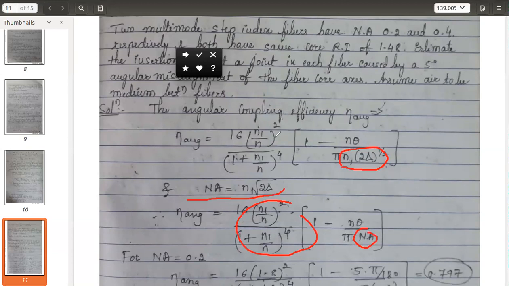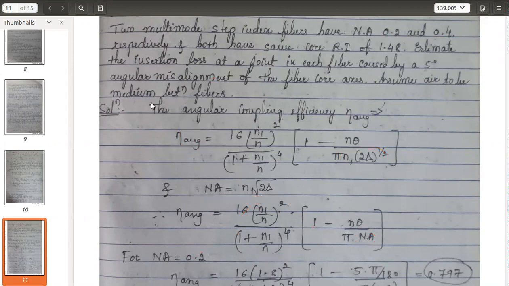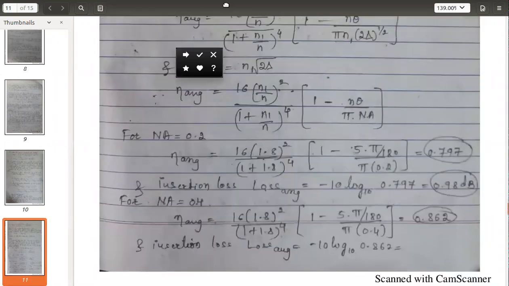And for each case, एक आपका numerical aperture 0.2 है. Yes, in the given question it is here. One is 0.2 and one more is 0.4. So we will be calculating this coupling efficiency, one for 0.2 and one for 0.4. See, I have calculated.